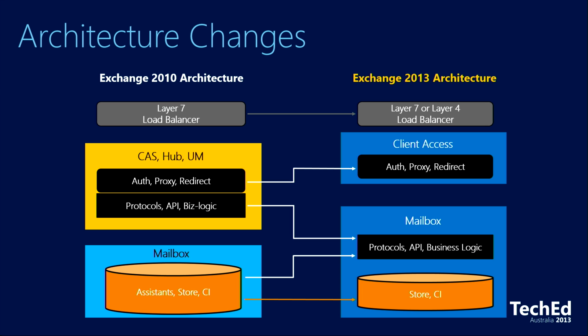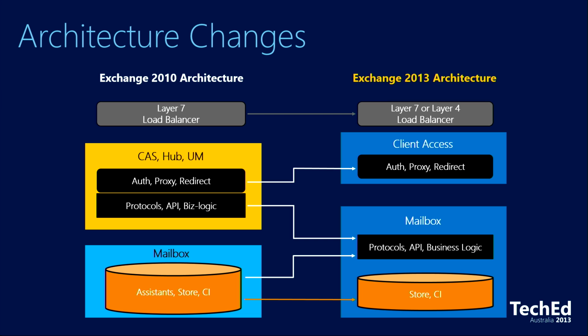And I say new to emphasize the fact that even though it has the same name as the server role in 2010 and 2007, it's very different. The CAS in 2013 is simply a lightweight protocol proxy. It's very different from what we had as a middle-tier server role in Exchange 2010. And in fact, the Exchange 2010 CAS role now exists as the CAS service inside the Mailbox role.